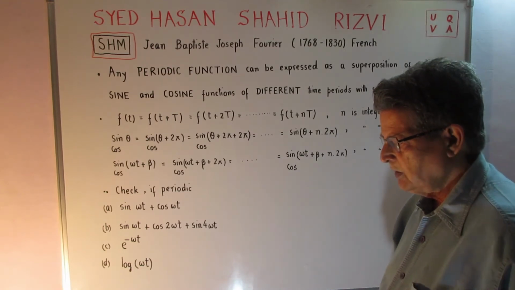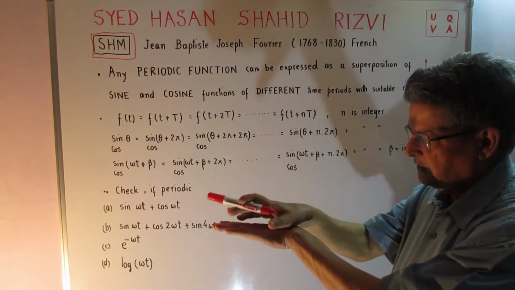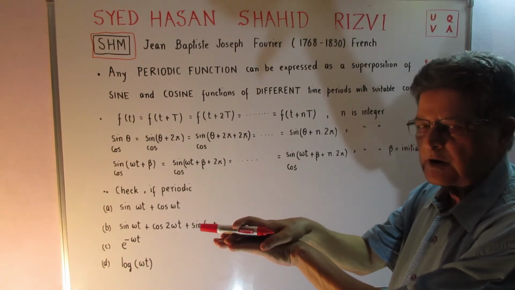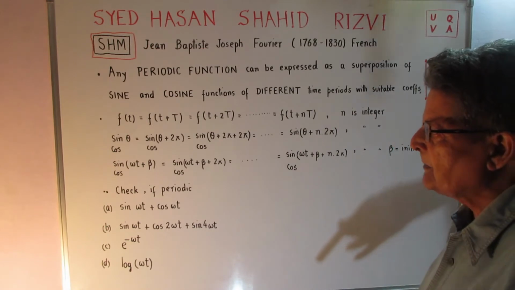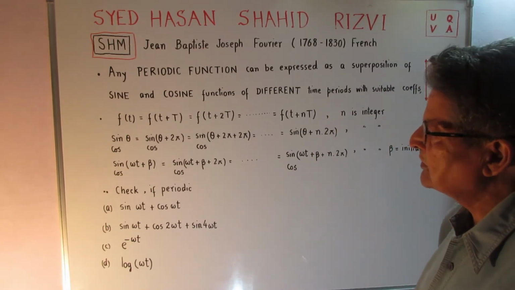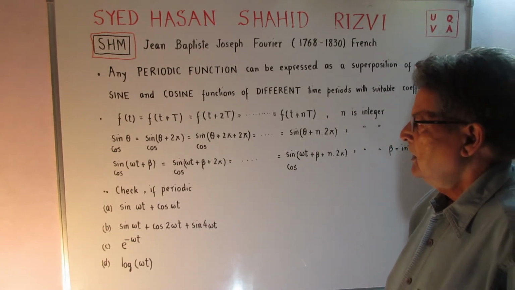Superposition means you can impose one thing on the other and you get a new value. So that can be obtained by addition or subtraction of those two functions.